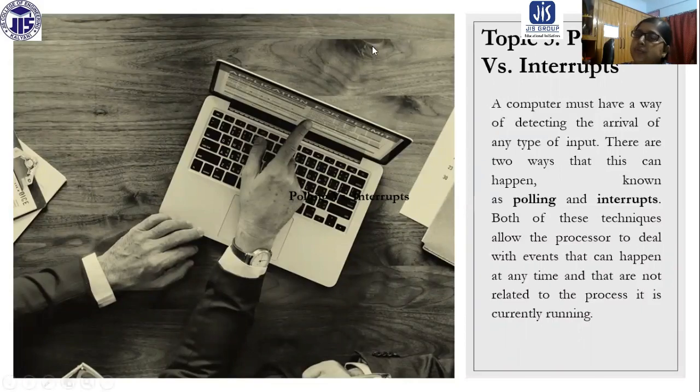There are two ways in which this can happen. One is polling and the other is the interrupt. Both of these techniques allow the processor to deal with events that can happen at any time and that are not related to the process it is currently running.